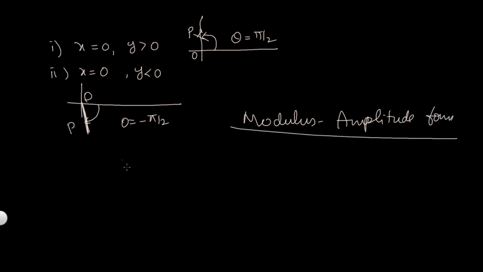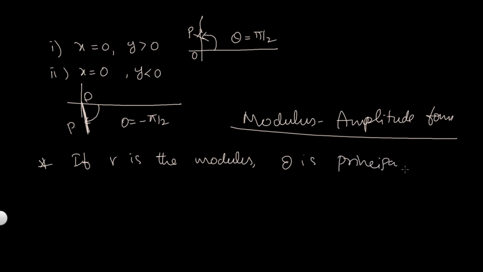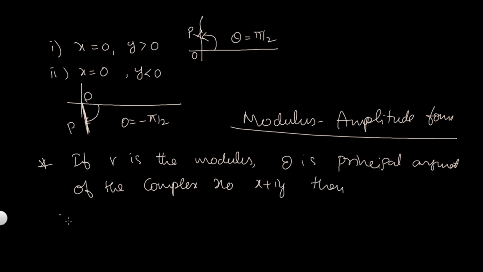That is, if r is the modulus and theta is the principal argument of the complex number x plus iy, then we can write x plus iy equal to r into cos theta plus i sin theta.